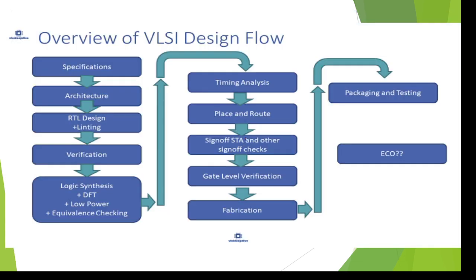In the back end, we have placement and routing, and also floor planning. Of course, static timing analysis and other design constraints are required. So we can see this in the block diagram. In the front end process, we have specifications, and we need to mention the architecture, then we go for RTL designing, then verification of RTL, and then synthesis.